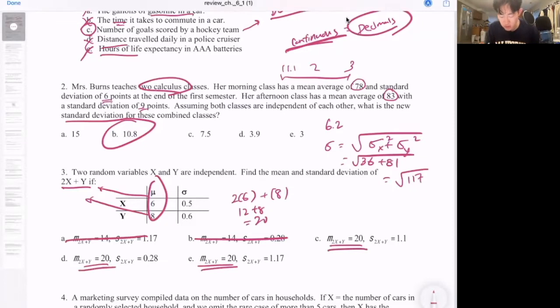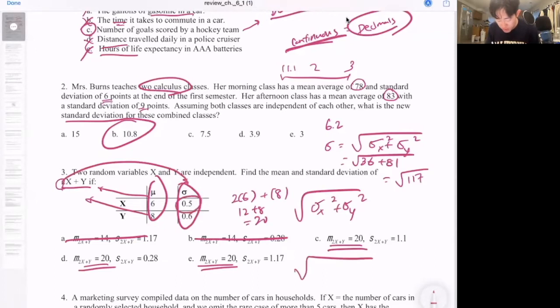Amongst those choices, I have the standard deviations, of course, of 0.5 and 0.6. Now, if you take a look at the formula, the standard deviation of X has been multiplied by 2, which means the 0.5 actually has to turn into a 1.0 because you have to double it.